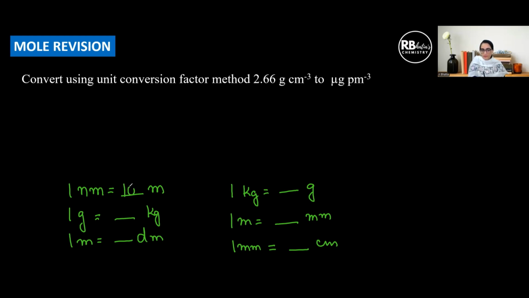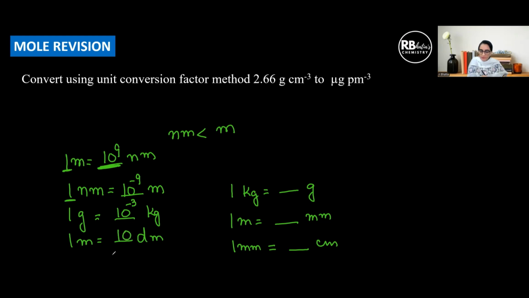So 1 nanometer is 10 to the power minus 9 meter. If I had asked you 1 meter, it would have been 10 to the power 9 nanometer. Be careful, nanometer is a smaller unit than meter, which means nano will have a bigger numerical value, meter will have a smaller one. Similarly, gram is a smaller unit, so kg will have a smaller numerical value.